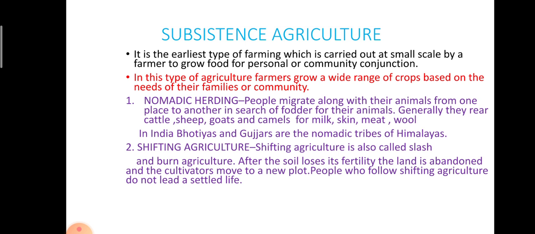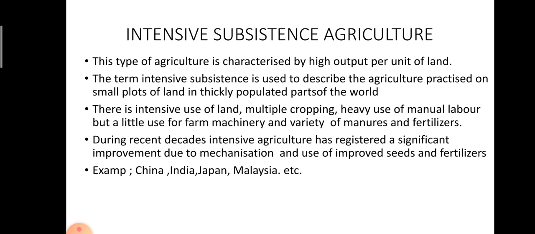Then, intensive subsistence agriculture. It is also a subsistence agriculture. This type of agriculture is characterized by high output per unit of land, meaning more production.